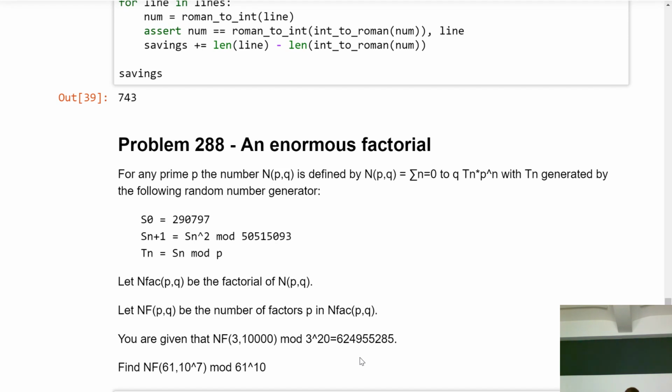I was thinking that NF would be 3 to the power. Well, there are going to be lots of 3's in here, right? I mixed it. I thought this would be here, so mod 3 to the power of 20, and because we already multiplied with it, NF would be this.